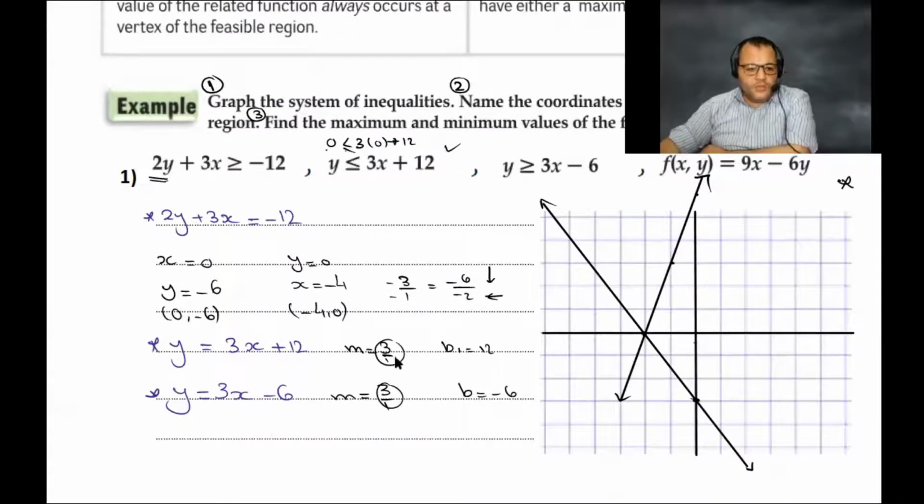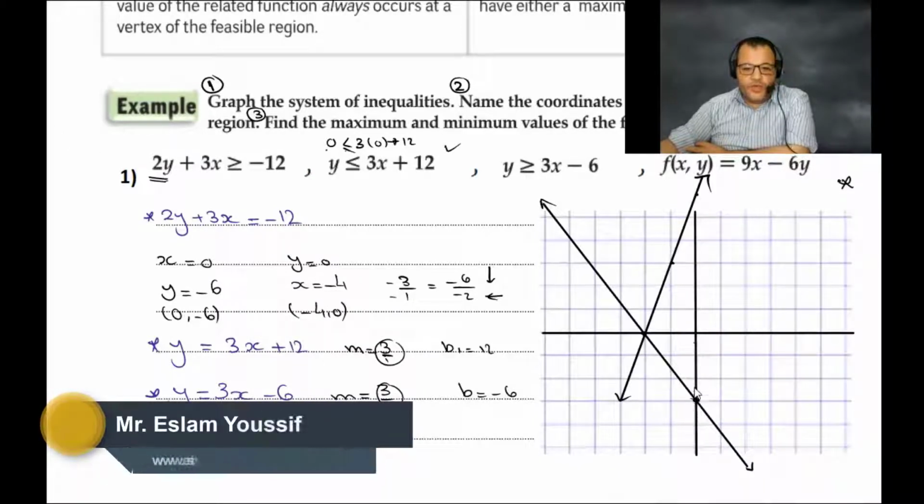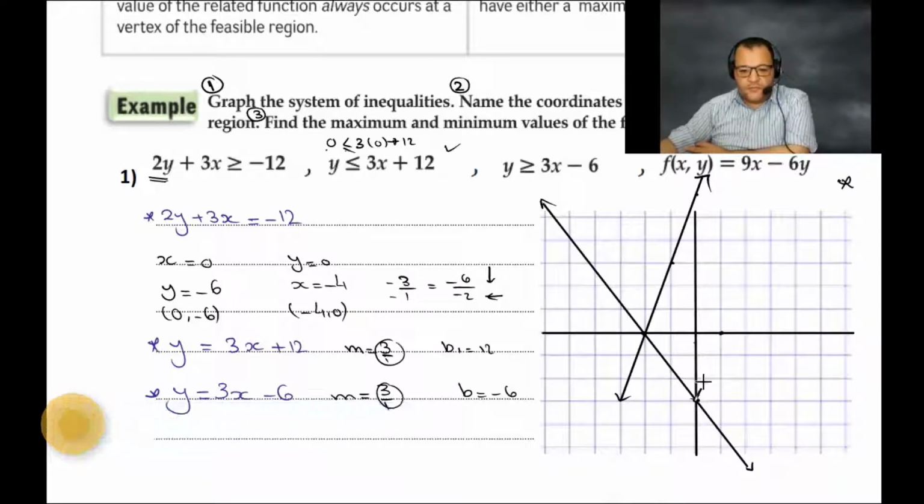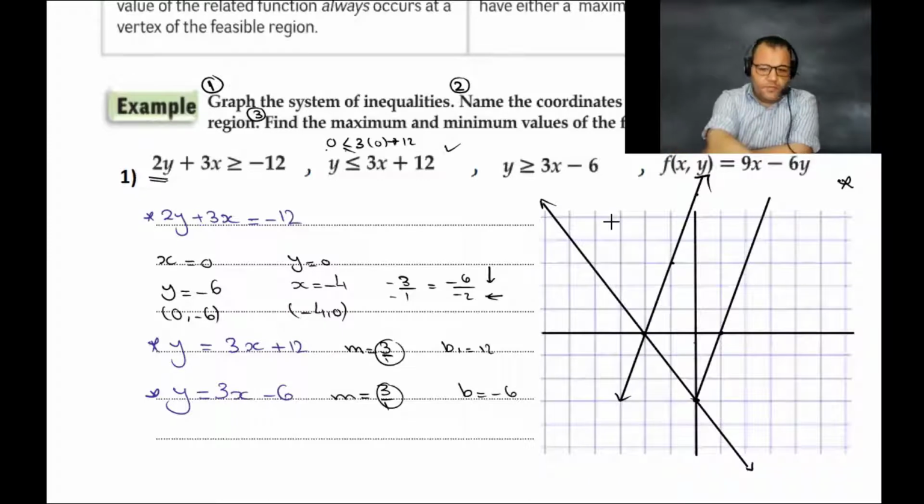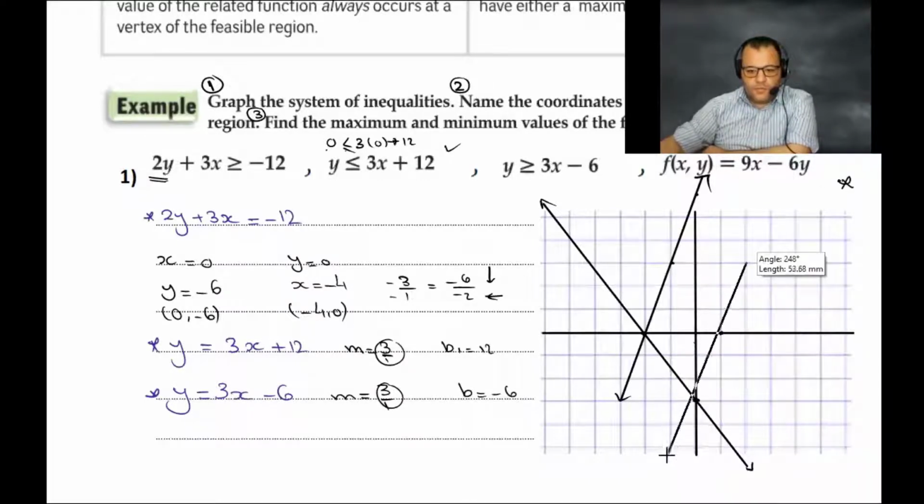So how can we graph this one? Start at -6, then go up 3 and right 1. That's how the graph will look. Which part will be shaded?